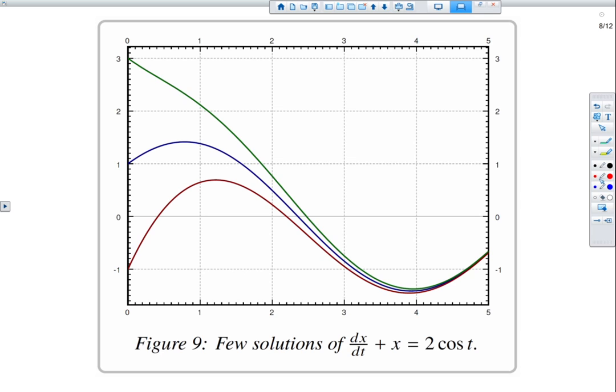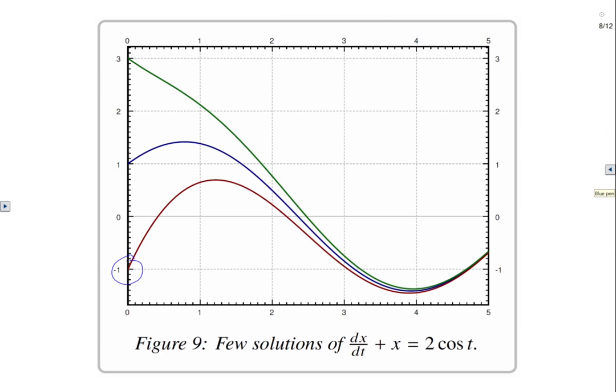For example, you can see that in this case, that's the point we are talking about, the point (0, -1). In this case, c is equal to -2. When c equals -2, it passes through this particular point (0, -1).